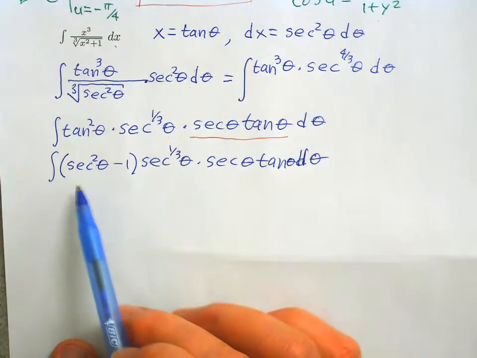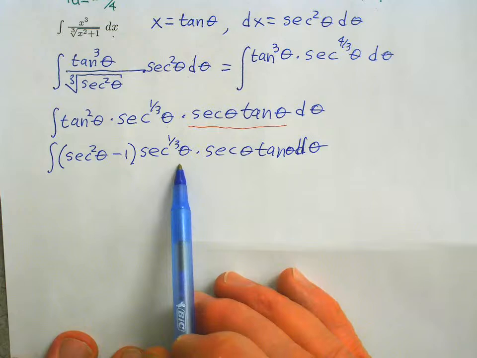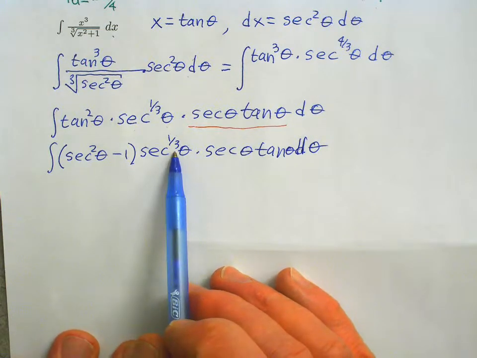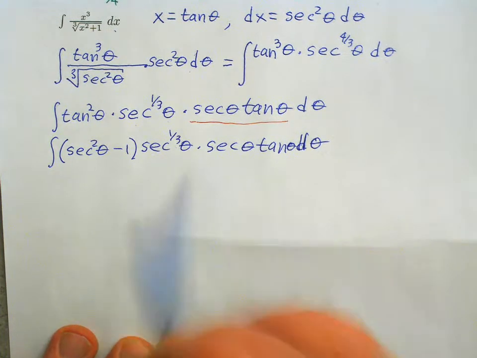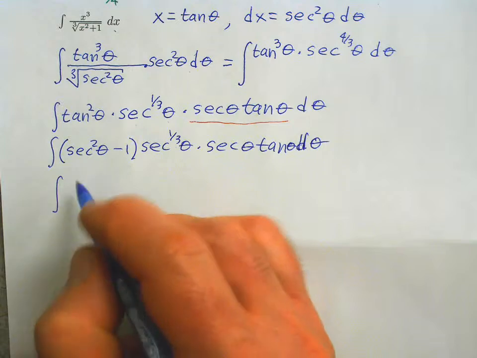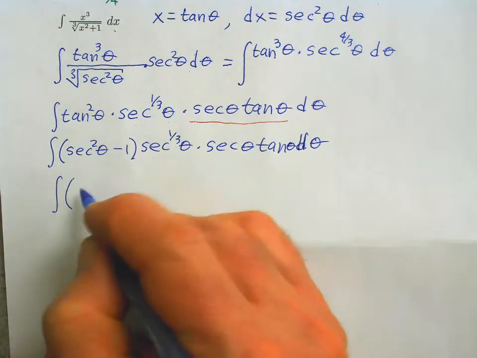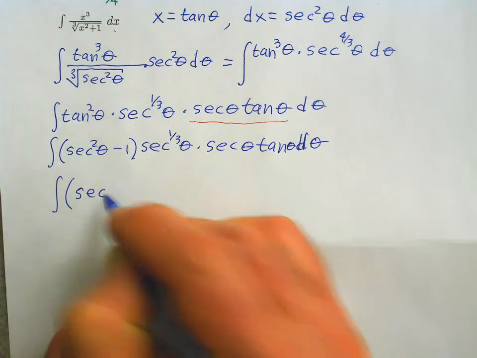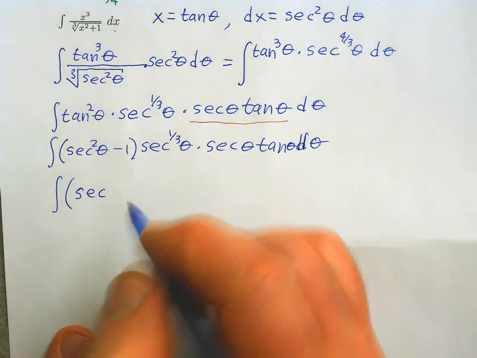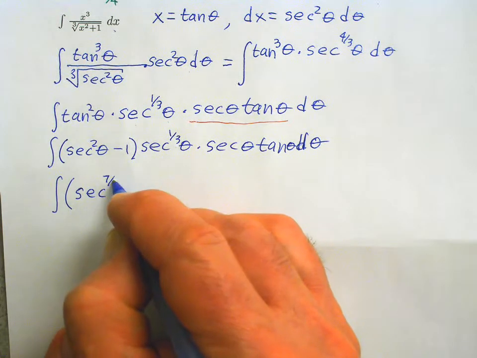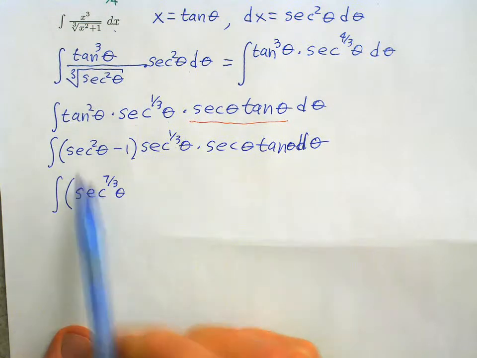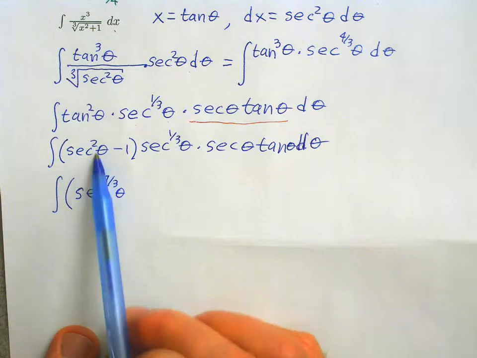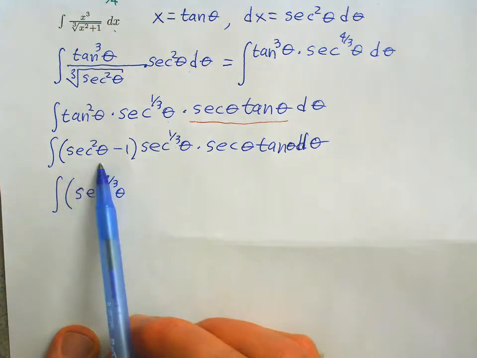Let's distribute multiplication by secant of theta to the 1/3. So this is going to become the indefinite integral of secant of theta to the 7/3, because secant of theta squared is the same as secant of theta to the 6/3.